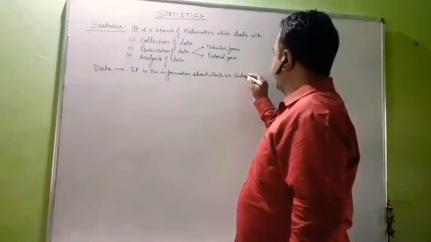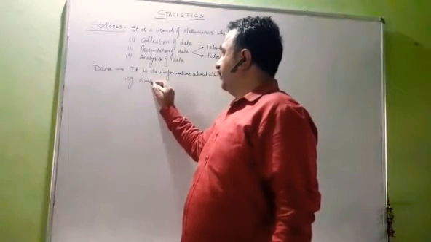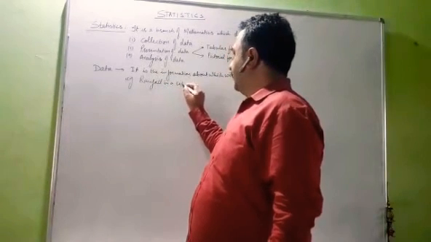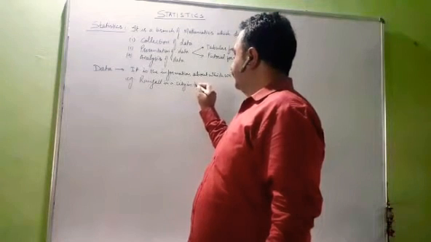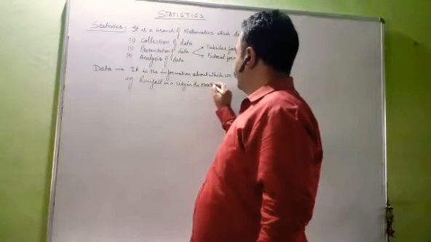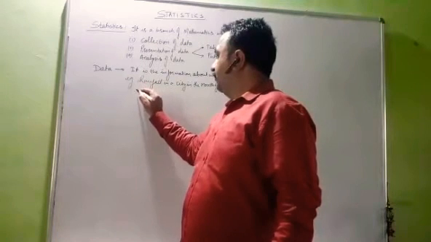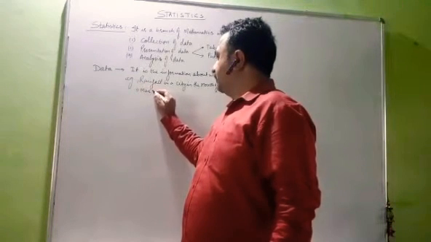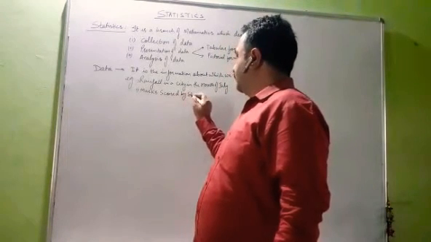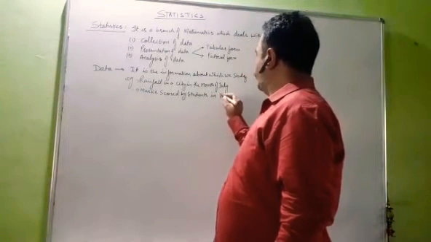For example, first, rainfall in a city in the month of July. Second, marks scored by students in periodic test 1.